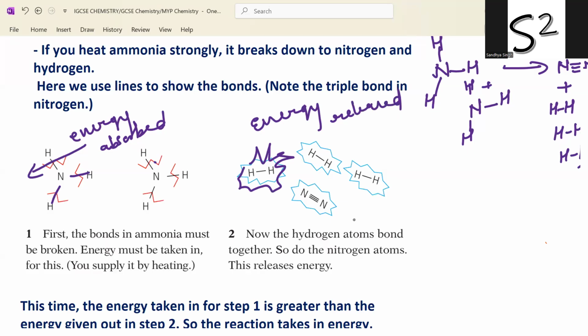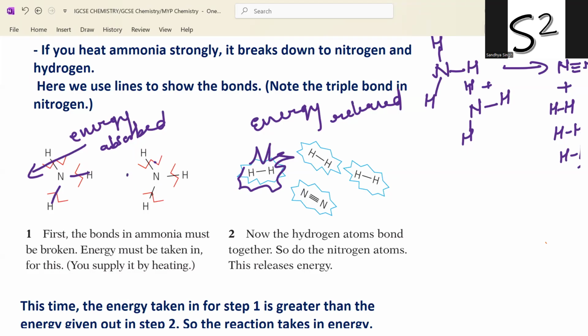Now the question is, how do we know whether this reaction is exothermic or endothermic? To check this, we calculate whether the energy absorbed is more or the energy released is more. If the energy released is more, then the reaction is exothermic, and if the energy absorbed is more, then the reaction is endothermic. So here, the bonds in ammonia must be broken, so energy must be taken in for this.